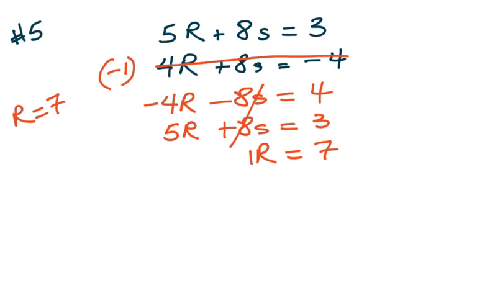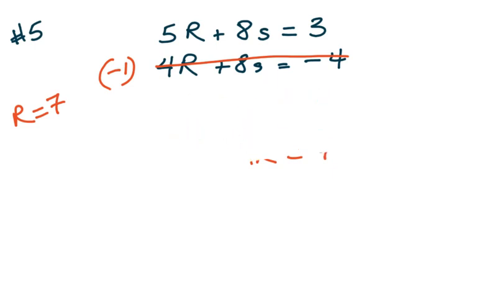And now I'll just go back into the equation. Let me erase this a little bit. I'm going to go back into the equation and solve for S. So now I have 5R, but R is already 7, so I'm going to put a 7 there, plus 8S equals 3.